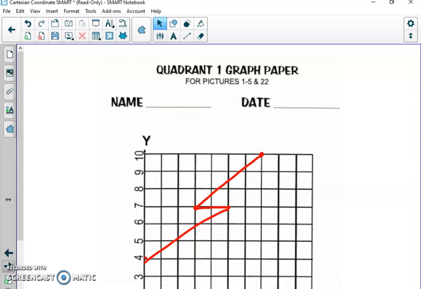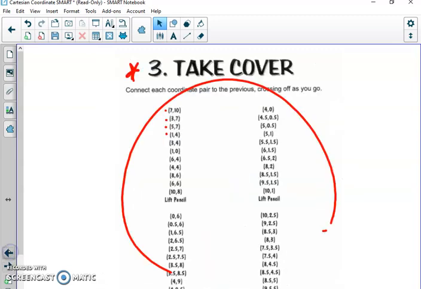Now, this seems like a really easy assignment, and it seems like a lot of doing the same thing over and over again, right? Finding a point on the graph, drawing a line. Now, the reason that we're doing the same thing over and over again is because we want to infuse something into our brain.